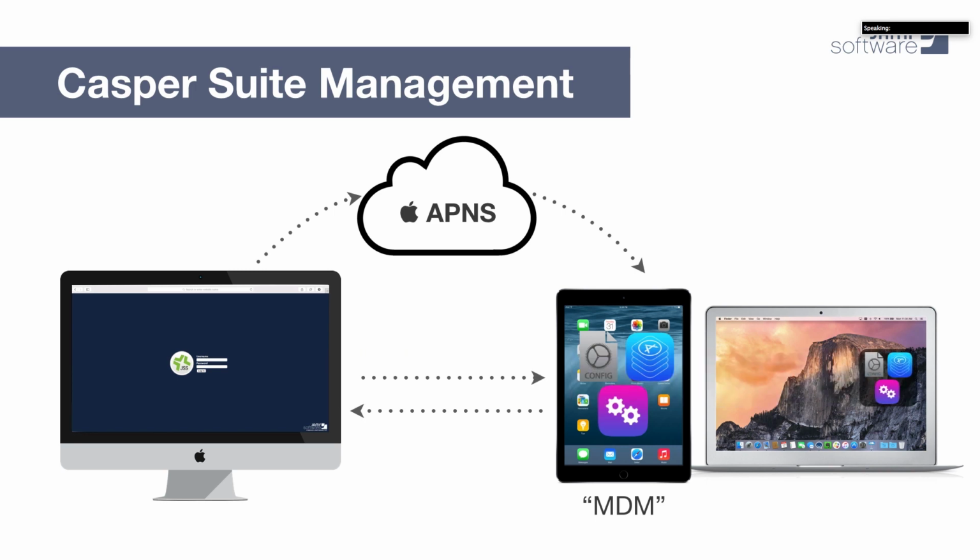However, in addition to using MDM to manage Macs, the Casper Suite also installs a binary within OS X. This is known as the Jamf agent. And it runs in the background as a launch daemon, and it communicates directly to the JSS. It also installs a hidden management account that has admin rights.